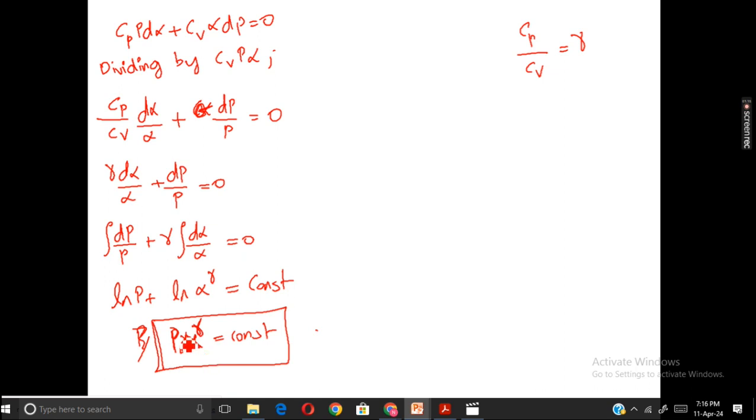Now we have to prove that during an adiabatic process, the potential temperature remains constant. For that, we start from here. We just obtained the mathematical expression for an adiabatic process, which is P alpha raised to gamma is equal to a constant, where gamma is equal to Cp by Cv.